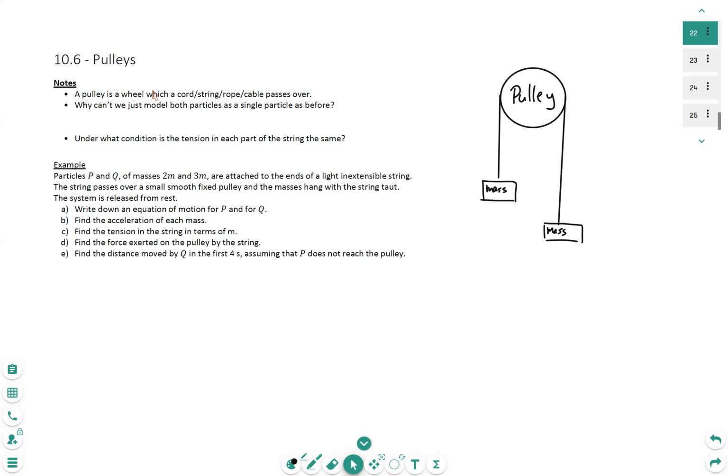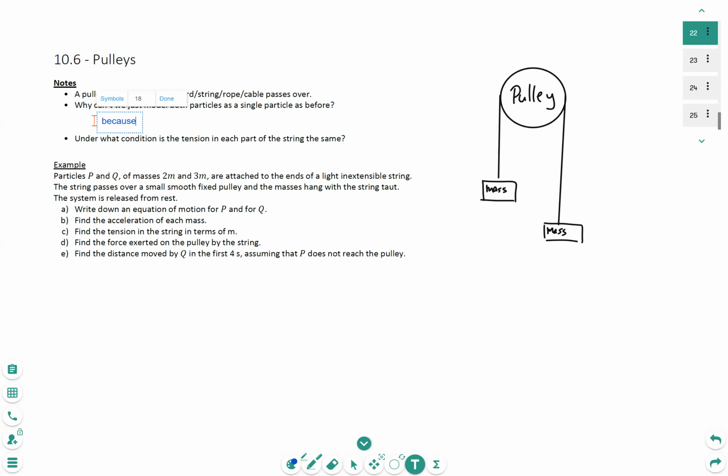So a pulley is a system, it's a wheel, which a cord, a string, a rope, a cable, whatever we call it, we usually call it a string, passes over. So first question here is, why can't we just model both particles as a single particle as before?